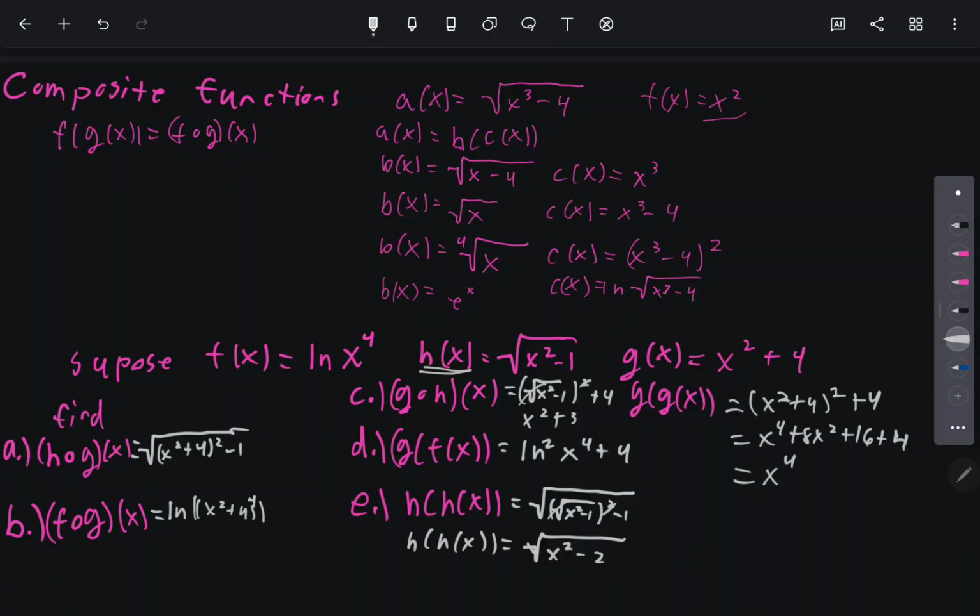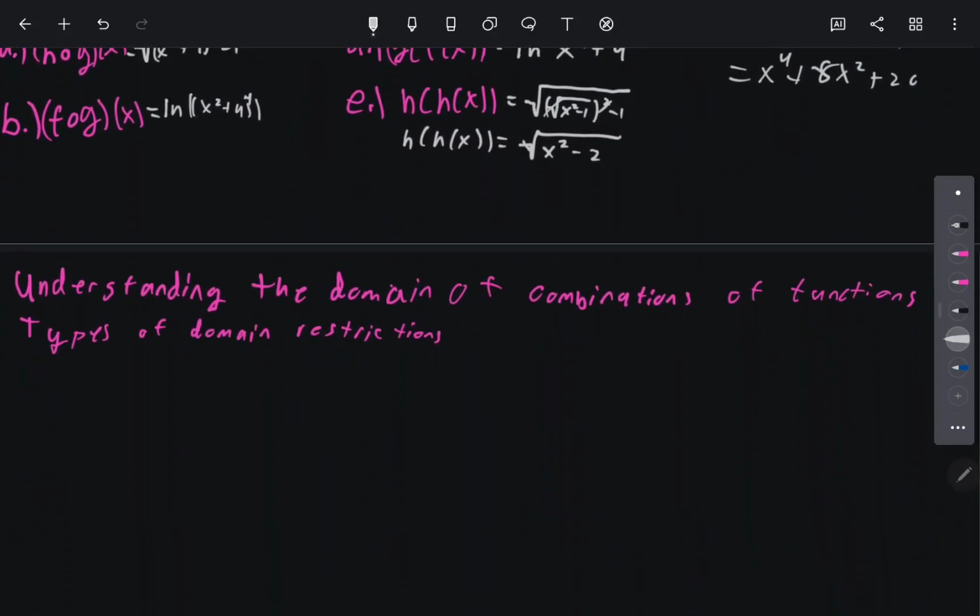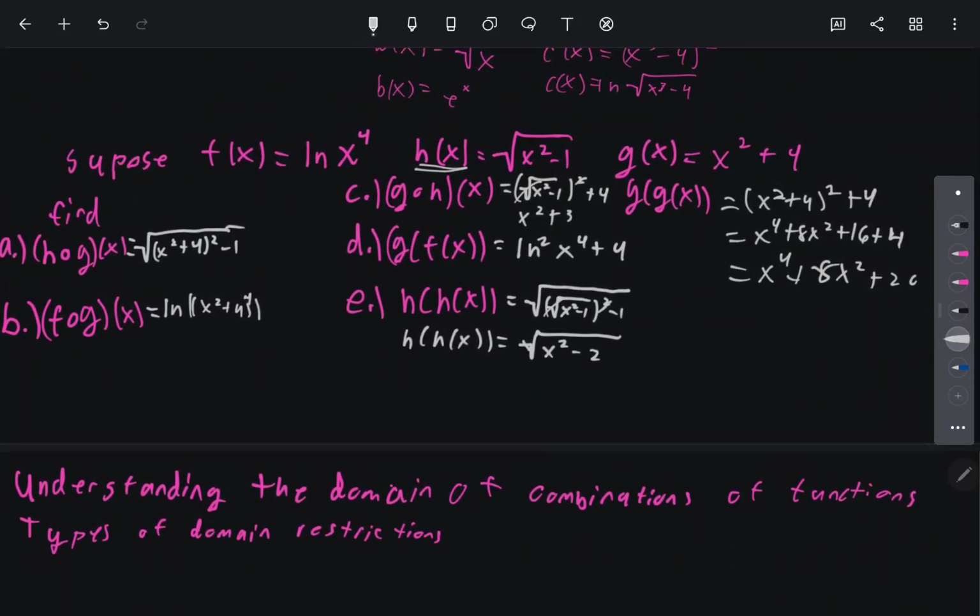And that would give you x to the 4th plus 8x squared plus 20 for a composite. And you'll notice that sometimes the composite functions look nothing like they should be a composite function, especially if you expand them out. But they truly can be, and are.